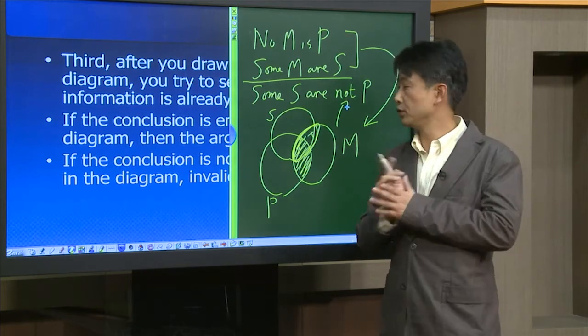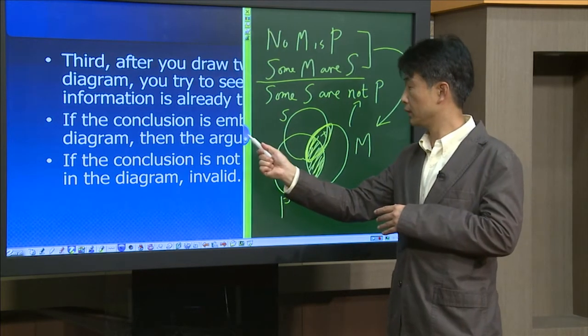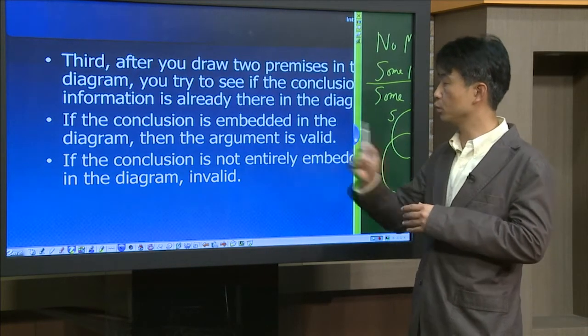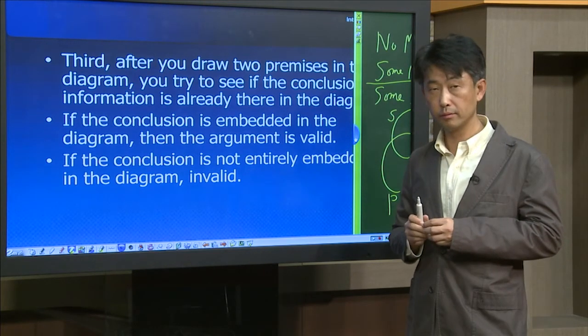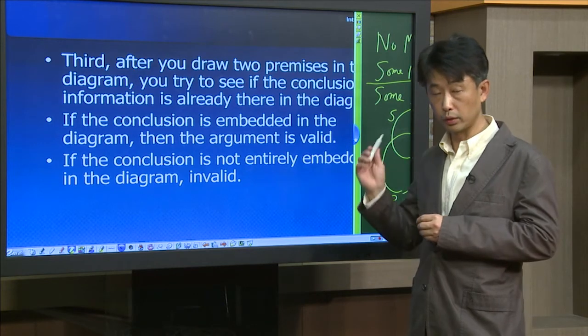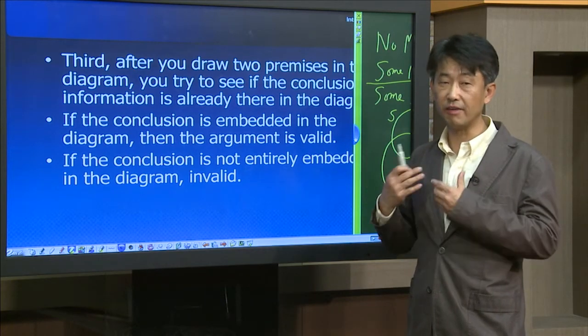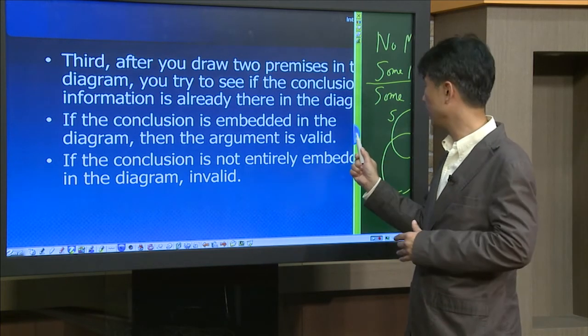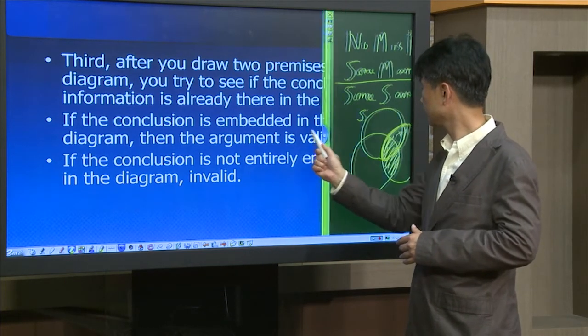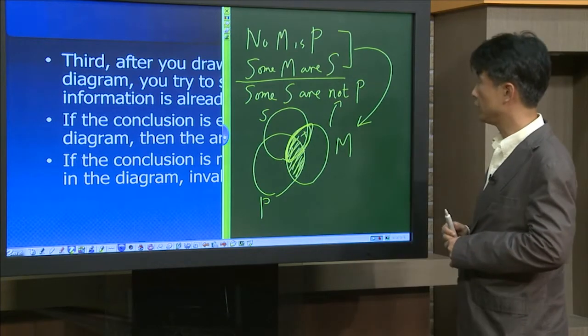And when that happens, okay, it says what? It says if the conclusion is embedded in the diagram, then the argument is valid. So the example you just saw is a valid argument. Okay? Otherwise, it's invalid. This argument is valid.